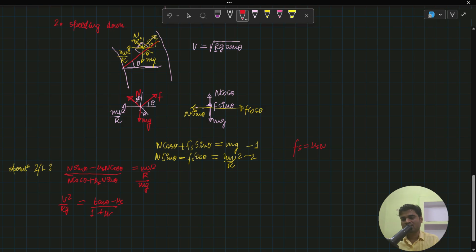So from this we see that our velocity should be √(rg (tan θ minus μs)/(1 plus μs tan θ)). This is the minimum velocity that you can attain before your vehicle slips on the road.